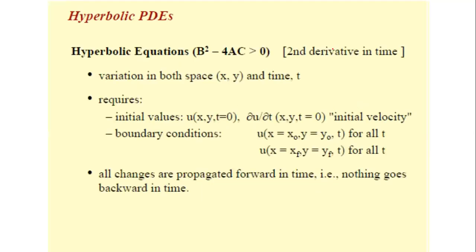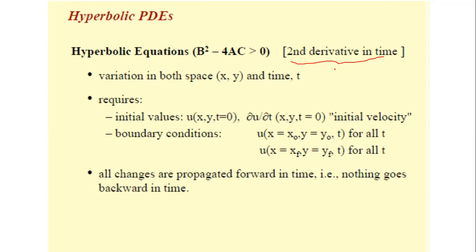Okay. Now hyperbolic equations are when b square minus 4ac is greater than 0. It involves second derivative in time. Examples of hyperbolic equations are Schrodinger equations and so on, which also have a second derivative in time.